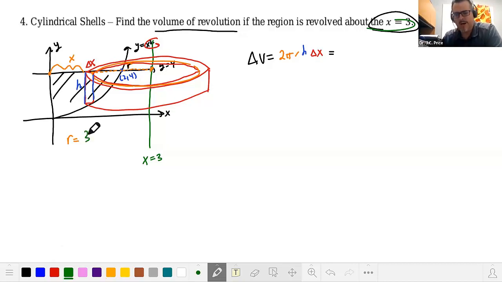And then I'm going to take off my x. So that's my radius. It's kind of like you take the whole distance from here to here, which is 3, and you take off your x right there, and it gives you the distance in between, which is your r. So this will be 2 pi times 3 minus x.